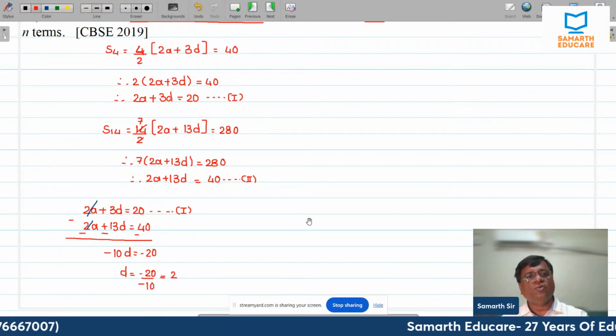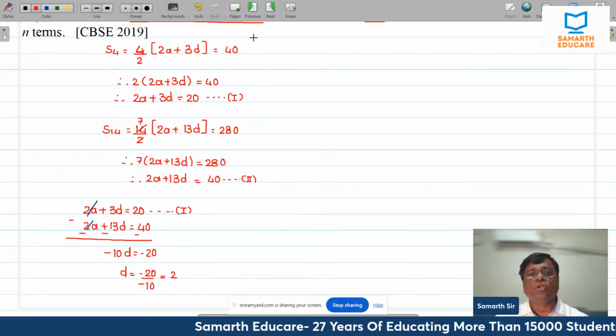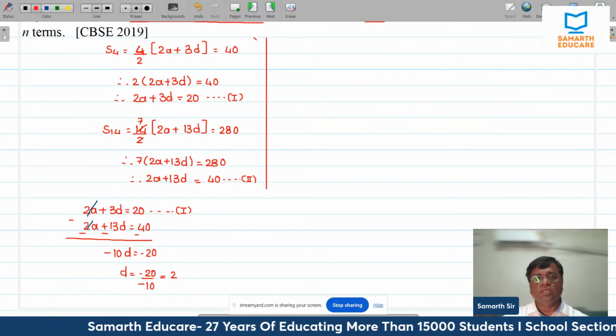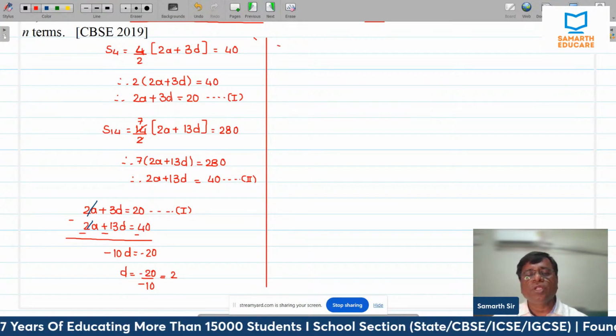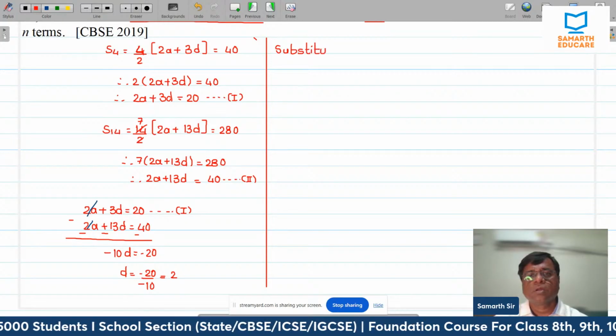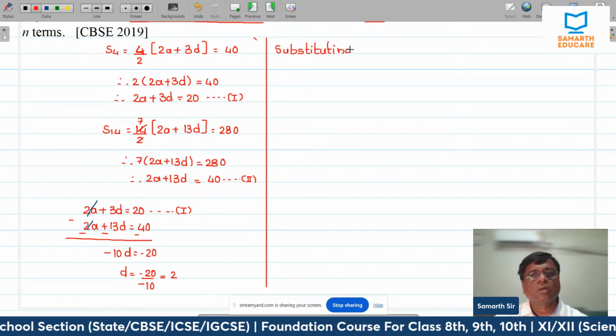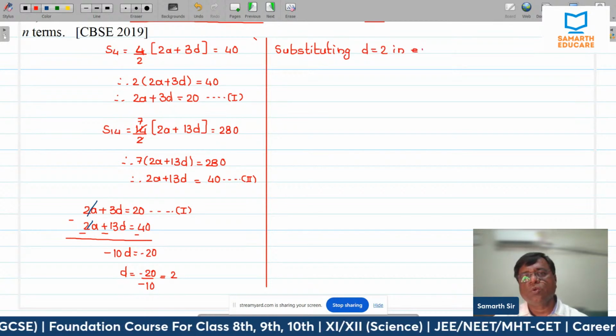So I got the value of d, right? Let me substitute the value of d in equation 1. Any equation we can use. Substituting d is equal to 2 in equation 1.